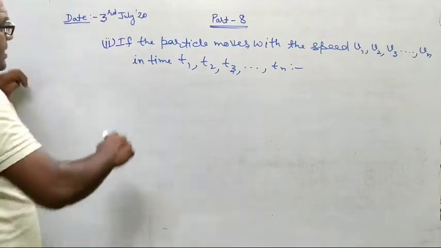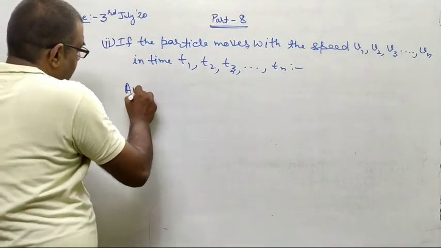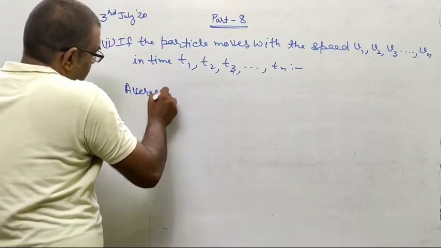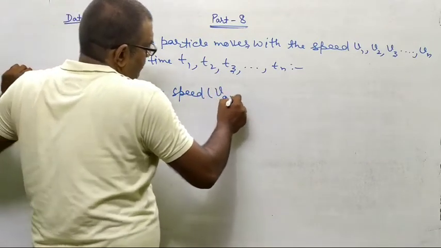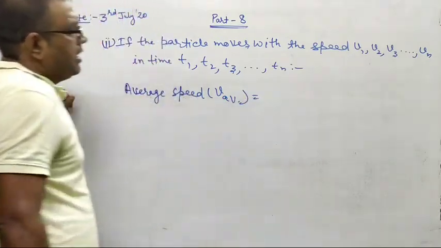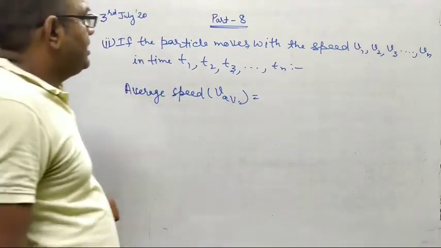So average speed v average in this case can be calculated as total distance traveled.